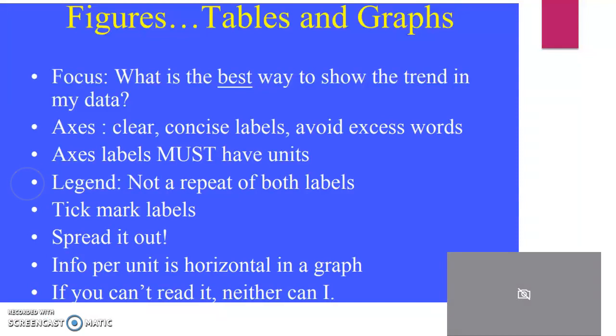The legend is not a repeat of both labels. It actually tells you what is what. Make sure that you have definite true spacing between each tick mark. Spread it out. Info per unit is horizontal in a graph. If you can't read it, I can't read it. So make sure it's legible before you send it in.